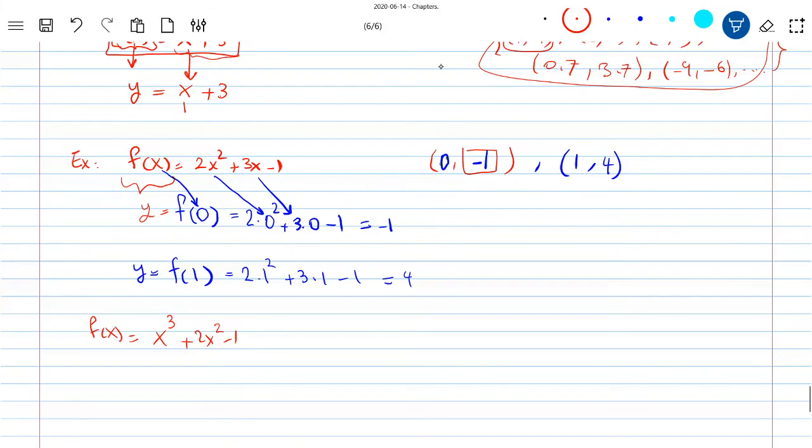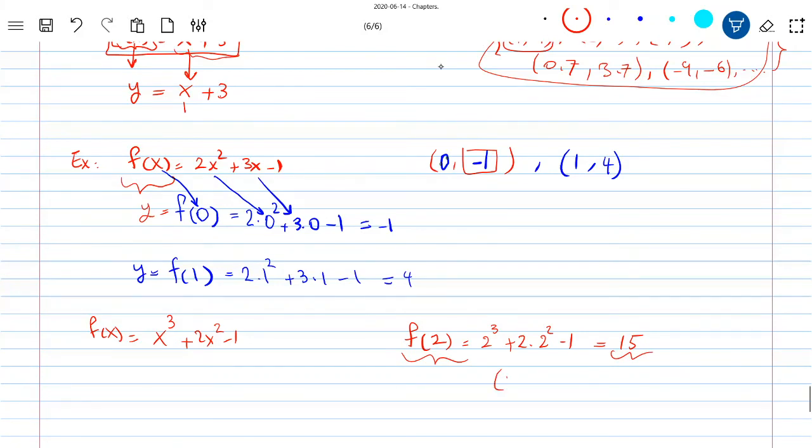Now if I ask you what is f of 2, you can calculate 2 cubed plus 2 times 2 squared minus 1. If you calculate that, 8 plus 8, 16, minus 1, 15. What does this information tell you? If I give you f of 2 equal to 15, what does it mean?